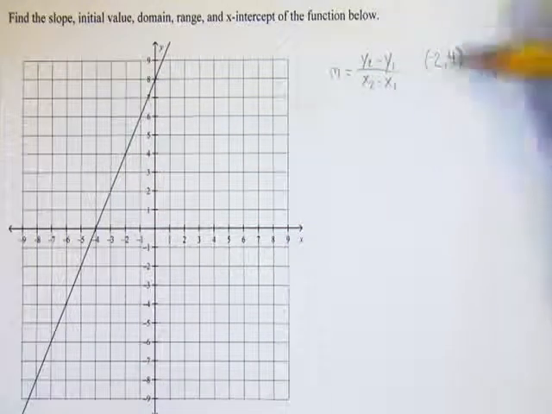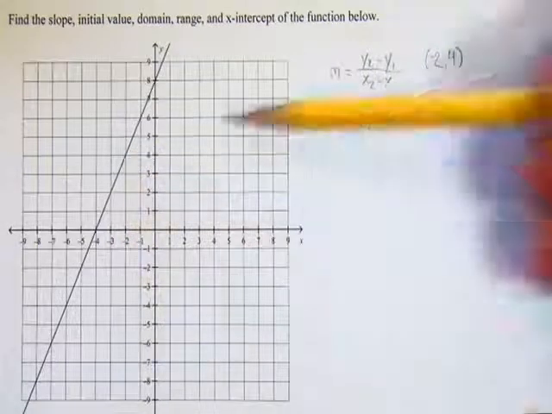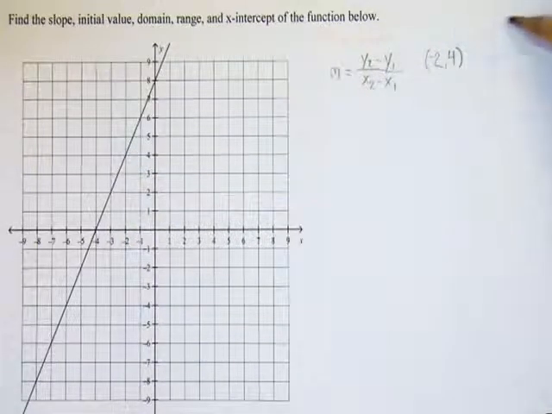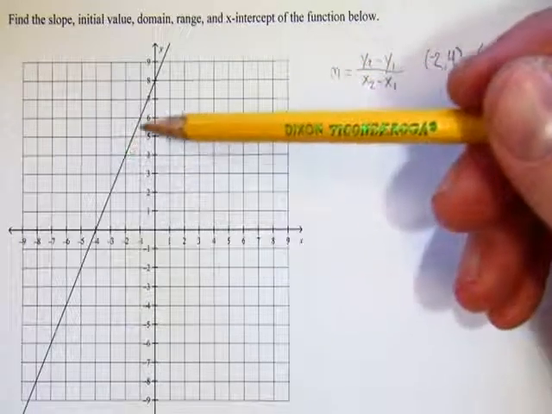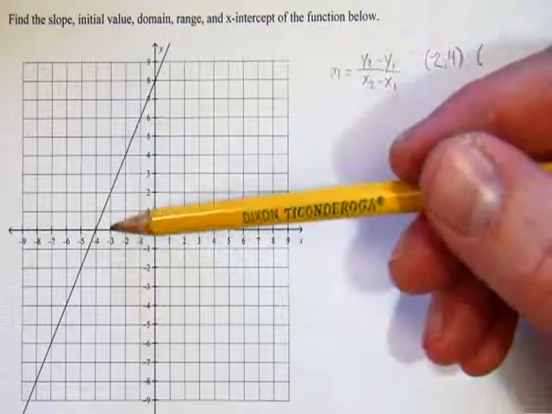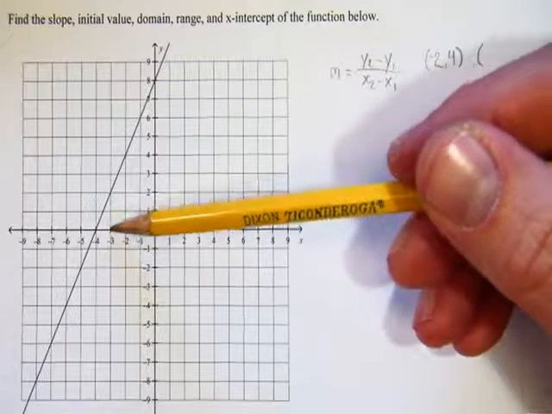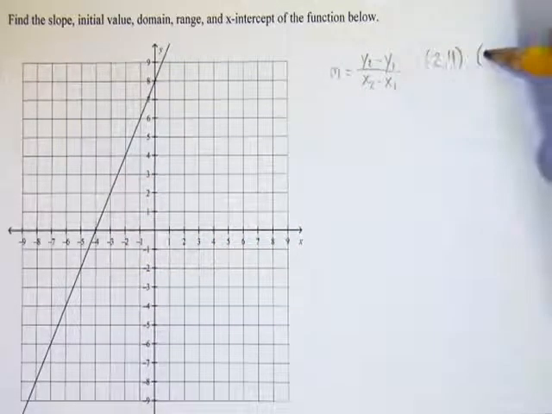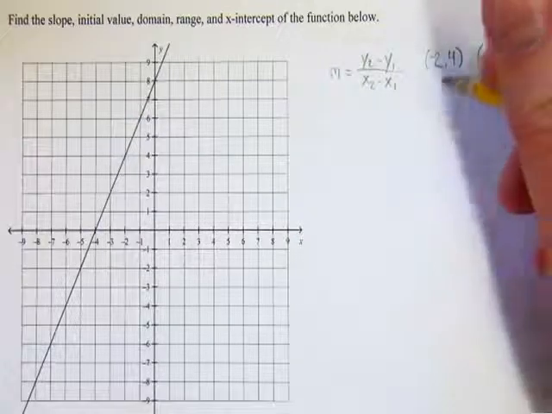So that ordered pair, -2, 4, is right on the line, so that's going to be one point I can use. I need another one where it's right on the line, and I can see here -3, 2 is another one of those points. So now I have my 2 points.